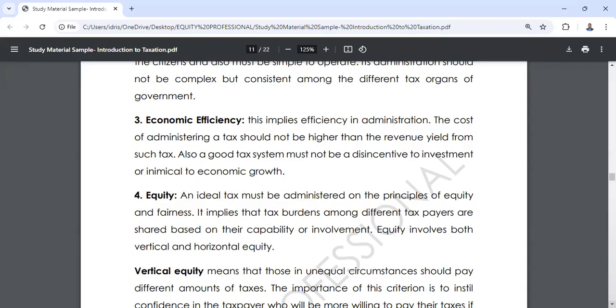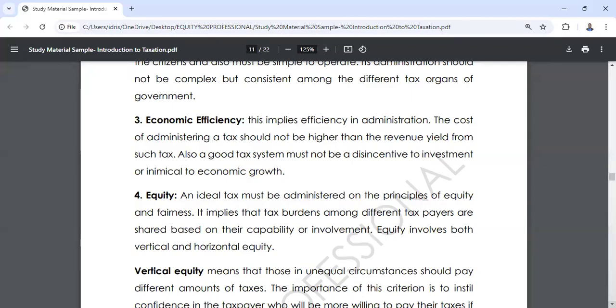This one is also addressed to the tax authority. A tax system should be based on cost-benefit analysis. That means the benefits derived from tax collection by government should be more than the cost incurred by government in collecting the tax.